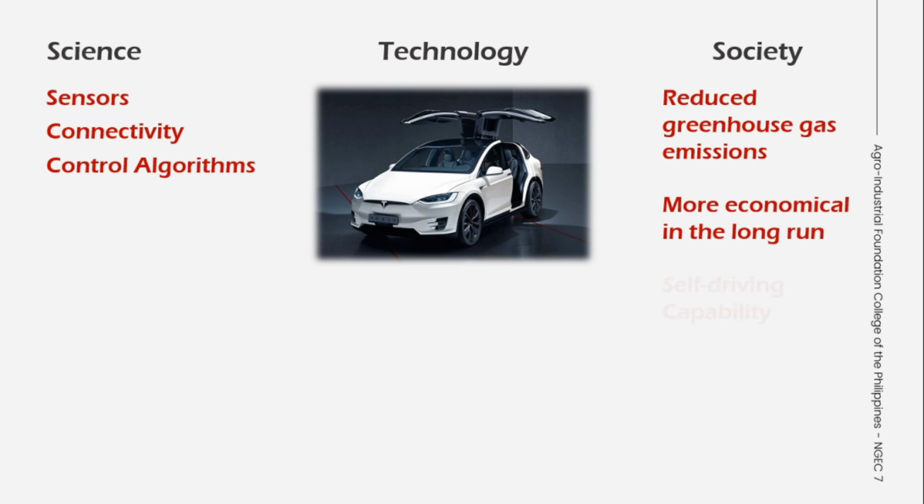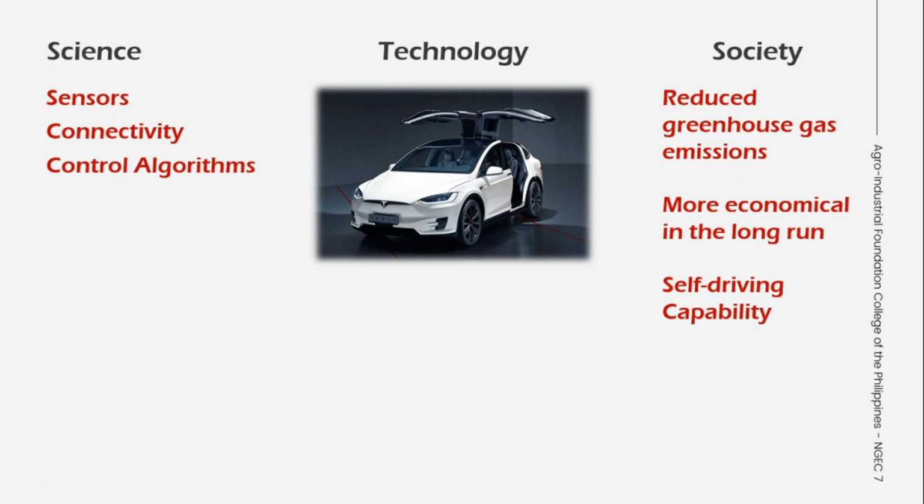And lastly, its self-driving capability, which brings inclusion as it enables the aged, yung mga matatanda, and the differently abled individuals. Now here we see technology as a practical application of scientific knowledge on sensors, connectivity, and control algorithms, which are supported due to its benefits to society.